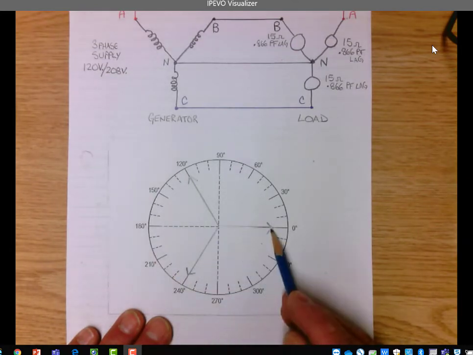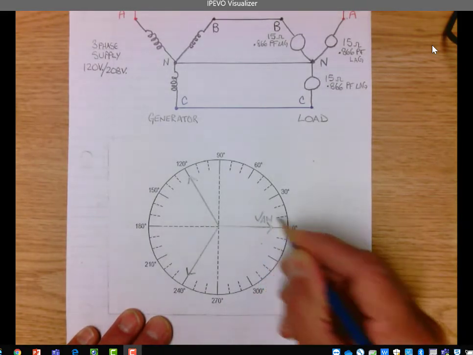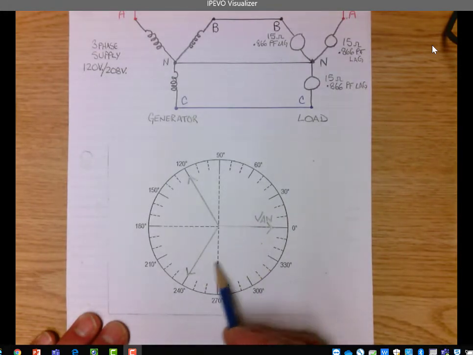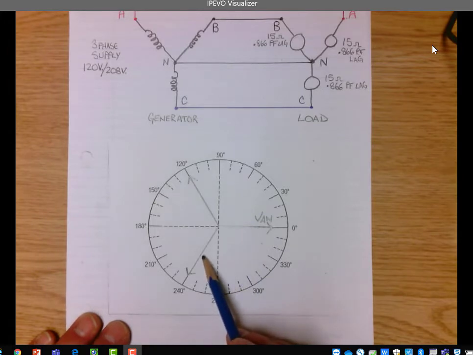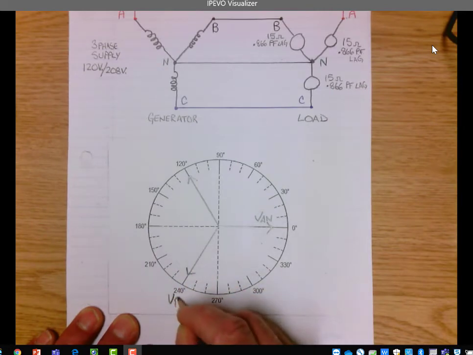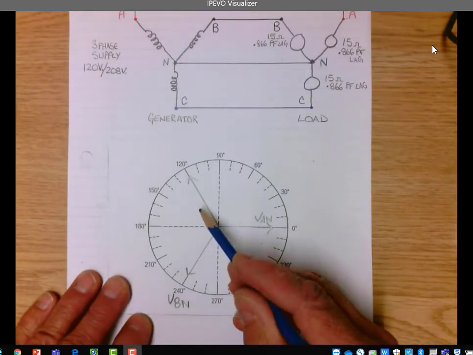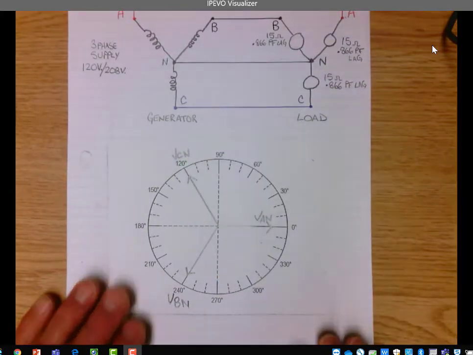At the 0 degree line, we always put phase voltage VA to N. 120 degrees behind VA to N, we put phase voltage VB to N. And 120 degrees behind phase voltage B to N, we put phase voltage VC to N.